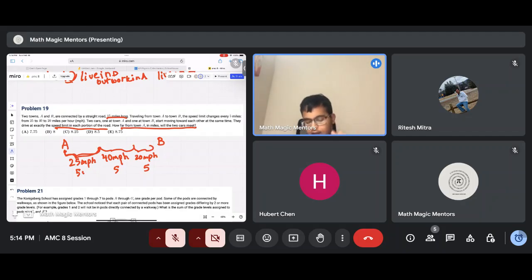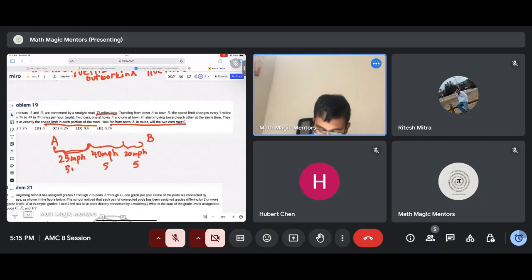Because visually we can kind of see that they'll meet in the middle, right? So let's talk about how much time A takes to cross the first portion of the journey. So he travels for 5 miles at a speed of 25 mph.